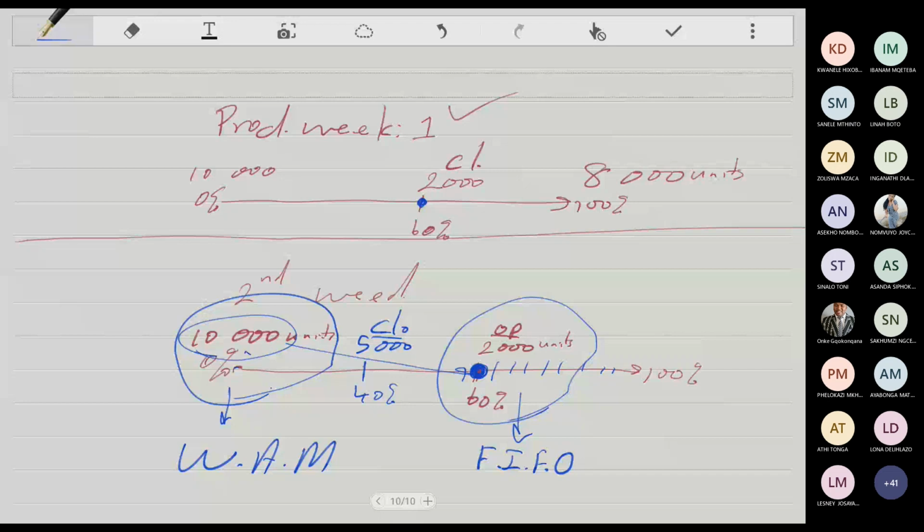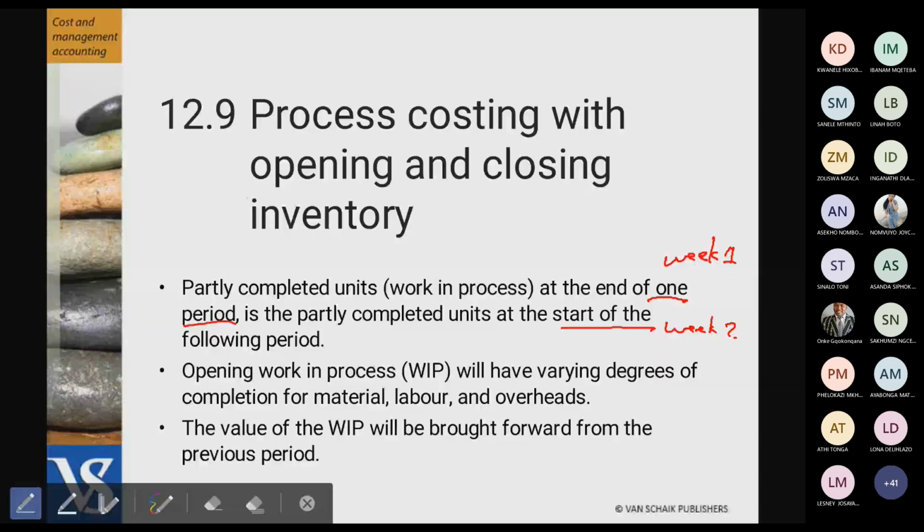So that's what they are trying to explain here on these slides, when they say that opening work in process will have varying degrees of completion for material, labor and overheads. But for simplicity, we've tended to just combine the labor and conversion. And most of the time, we always say that material is there at 100%, so that you don't have quite a number of calculations to deal with.